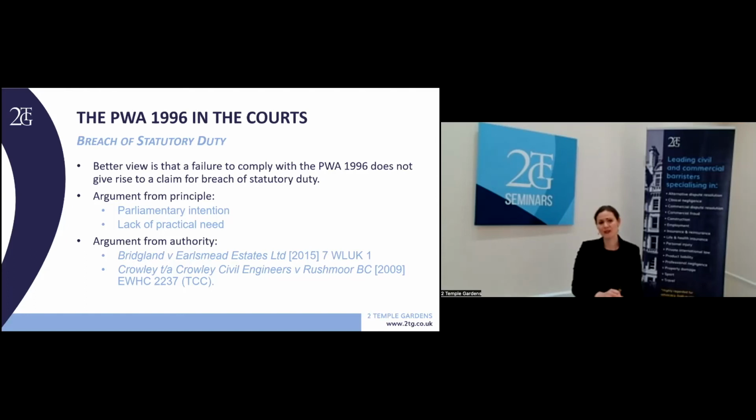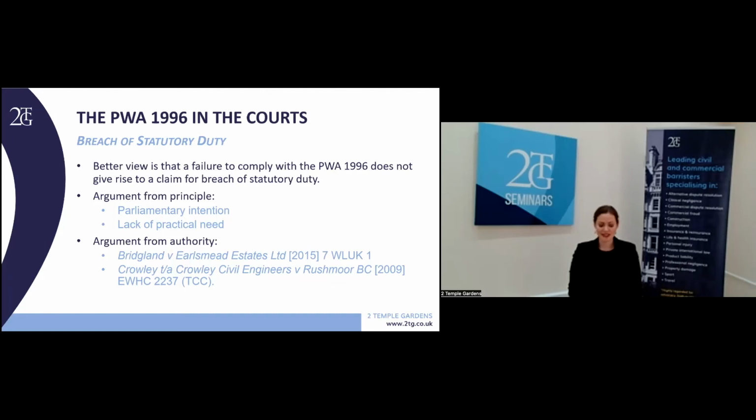So it's certainly one to keep an eye on and to check back into if it ever comes up in one of your cases. But on the authorities as they stand, for my part, I don't believe that the Party Walls Act can found a claim for breach of statutory duty.